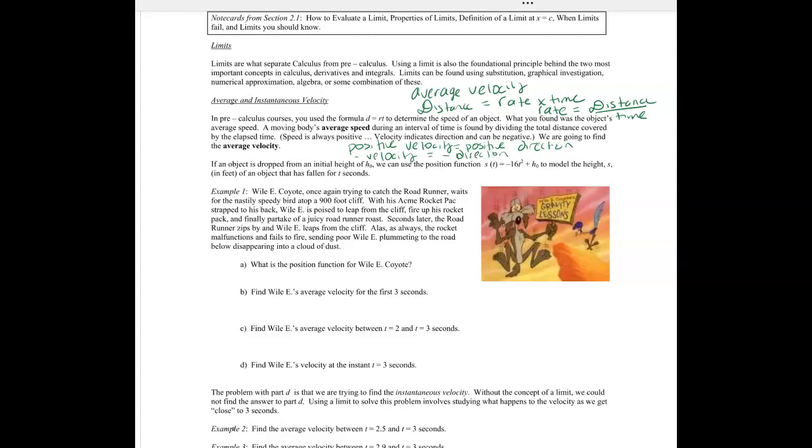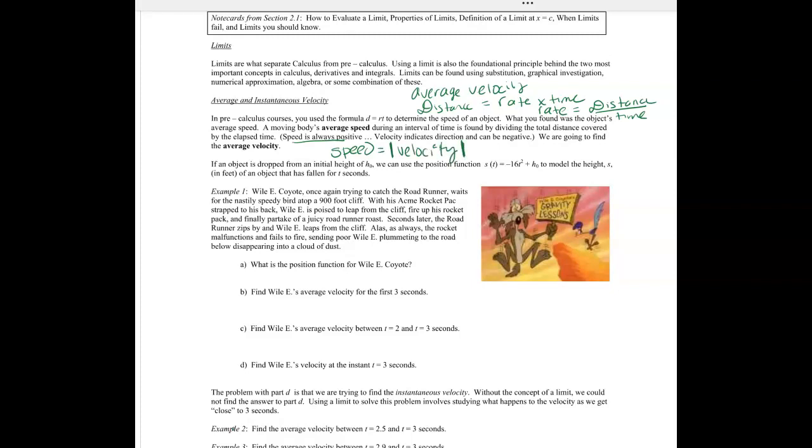Other stuff that I have said is that speed is always positive. How I can guarantee that is by saying speed is equal to the absolute value of velocity.